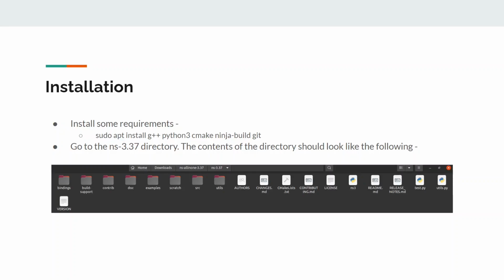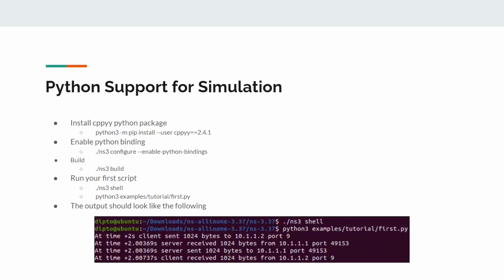Inside the ns3 directory, there will be a couple of folders and files. We'll talk about that later. Inside this folder, we will have a program named ns3, which will be used to run our ns3 simulations. Next, as we are going to run our simulation using the Python language, we need a library to support Python. We need a special Python package named cppyy.